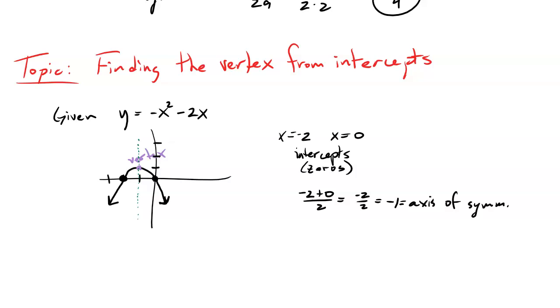Well, if I know the axis of symmetry is at x equals -1, I can plug -1 into the equation to find the vertex.